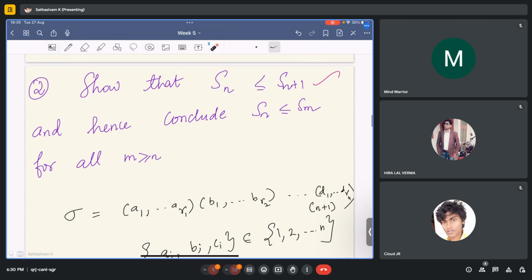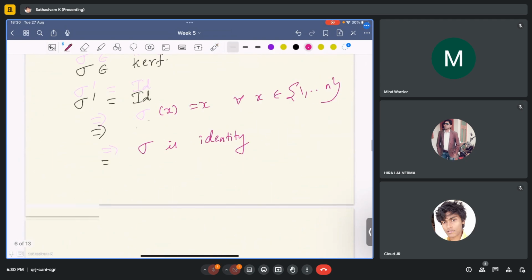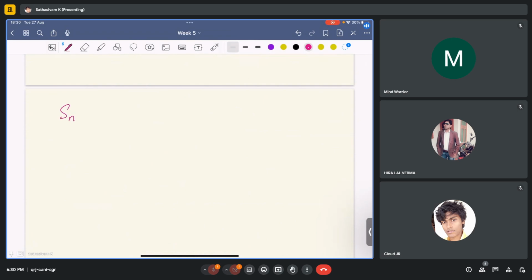Okay, now we have done this. Now, how do you conclude? We need to conclude that Sn is contained in Sm for all m greater than or equal to n. So what we have is Sn here, contained in Sn plus 1. This we have proved, and we proved this statement independent of this n. So now Sn plus 1 is contained in Sn plus 2.